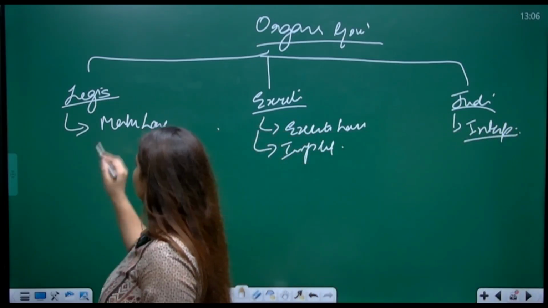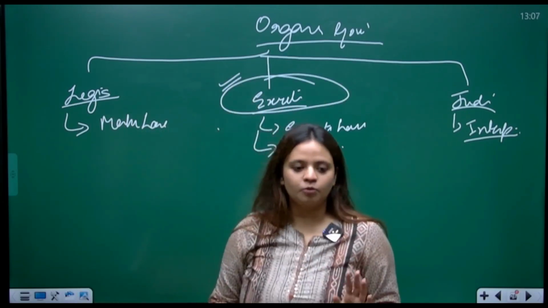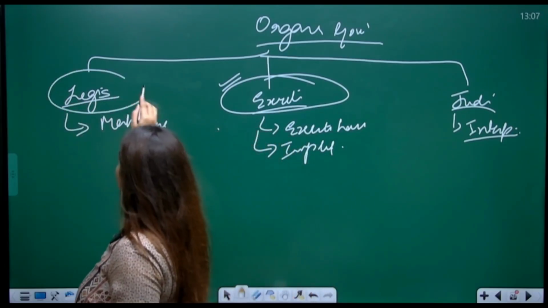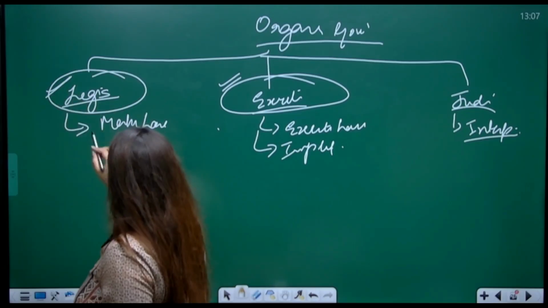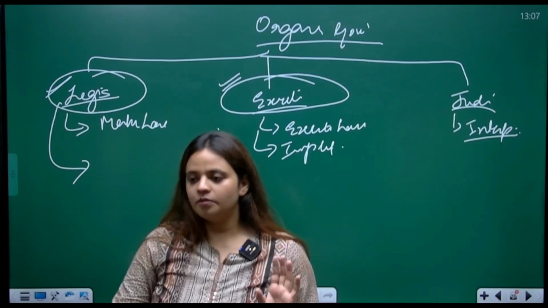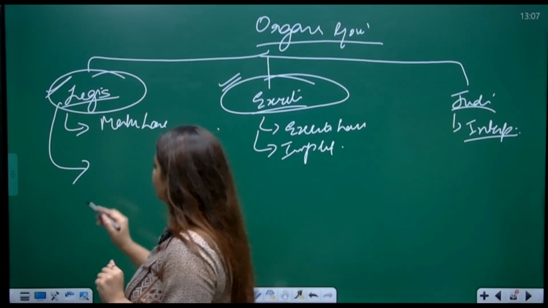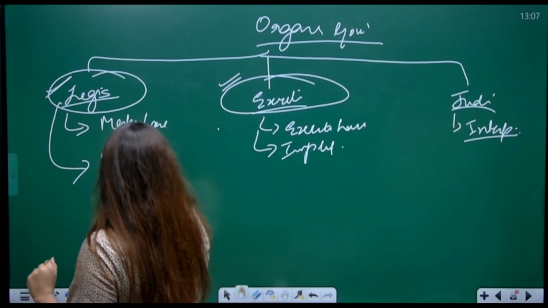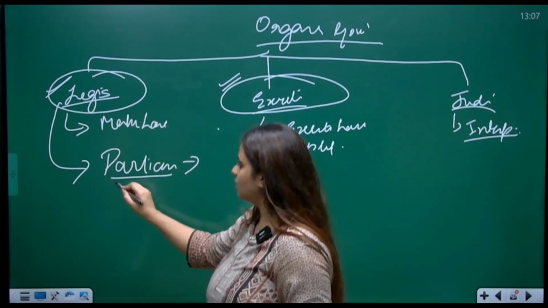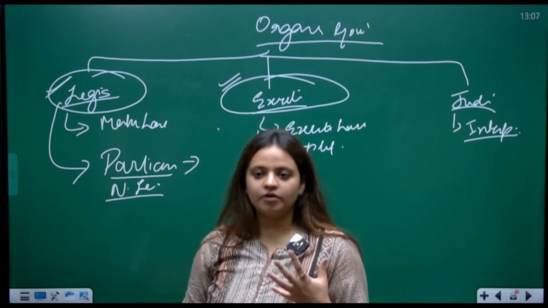Now, the executive we have already completed in our 4th chapter. Coming on to the legislature, in India we have a parliamentary democracy, so at the center of the country we have parliament, which is the national legislature of our country.